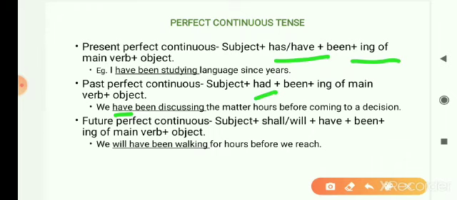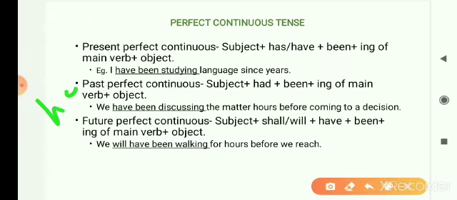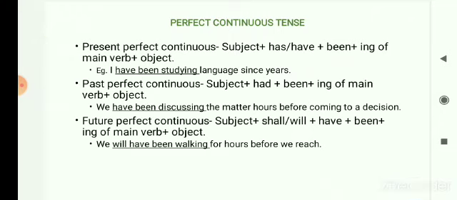It is contradicting. Yes, so this is wrong, and it has to be had. So it should be we had been discussing the matter hours before coming to a decision.